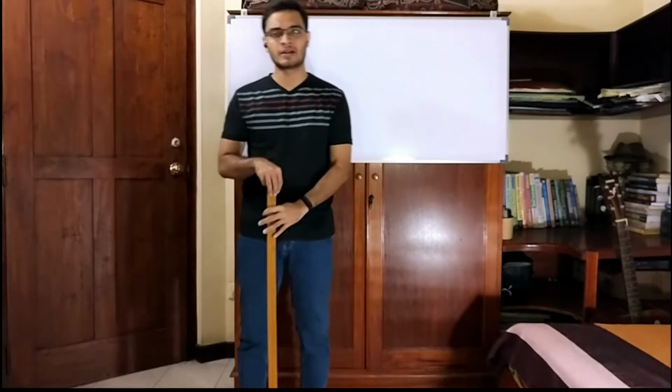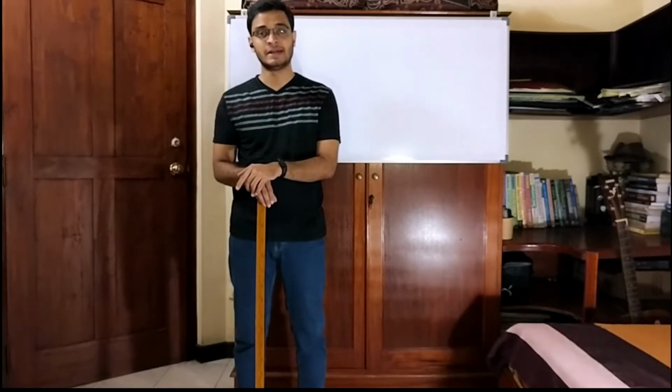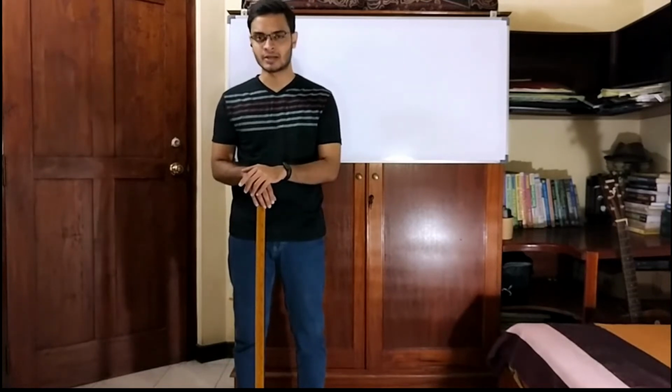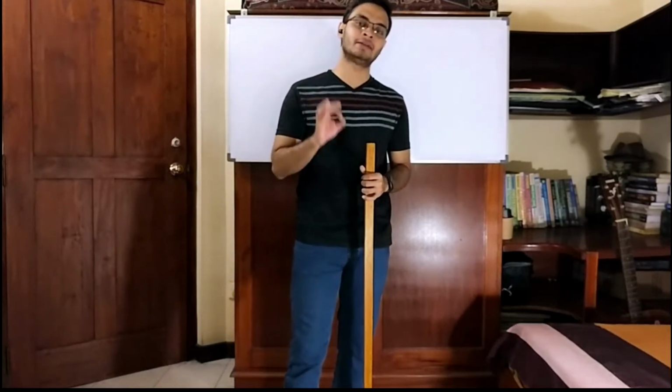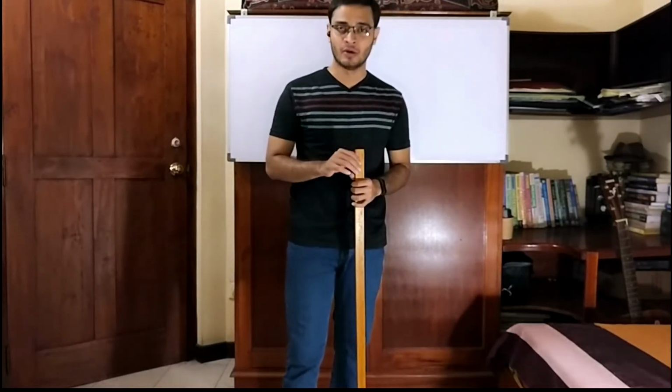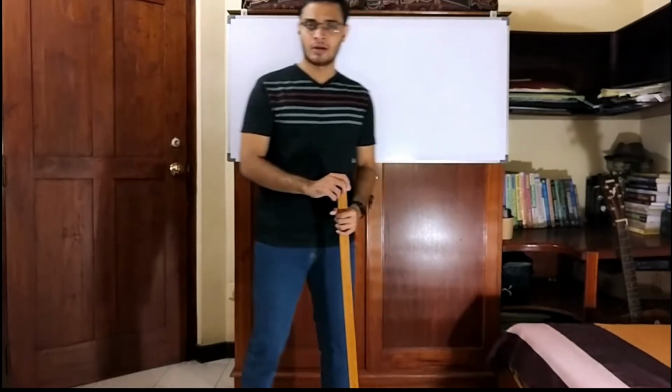If we are telling the patient to use this walking stick to support their day-to-day activities, to support walking basically, what hand do we tell them to carry the walking stick in? Which hand? Think about it a little.